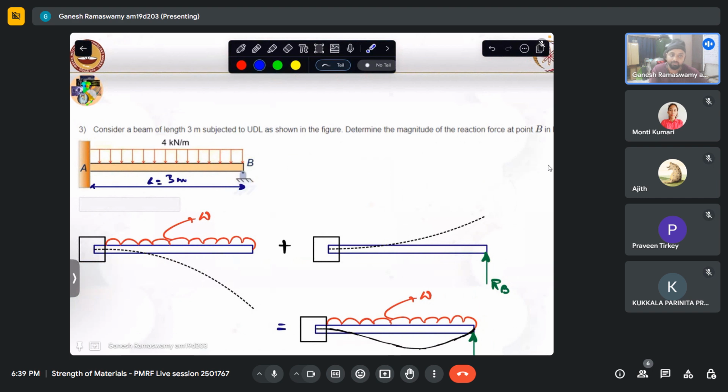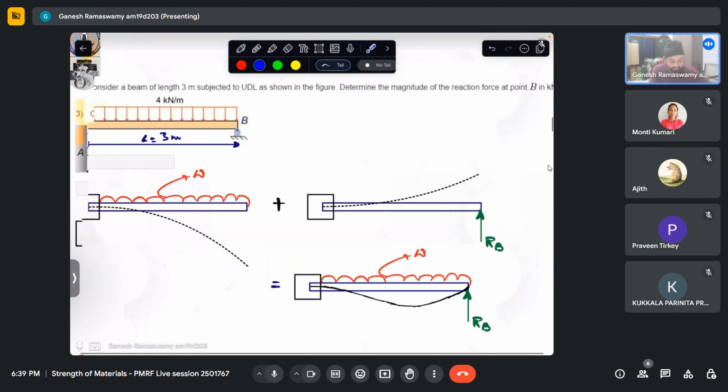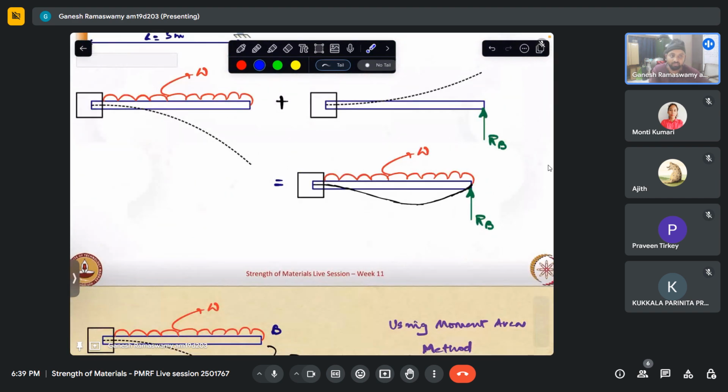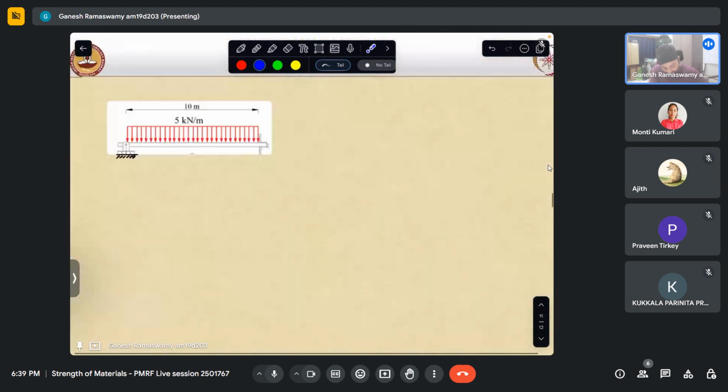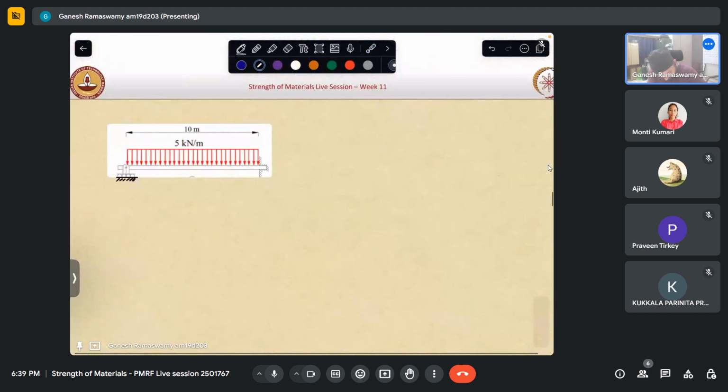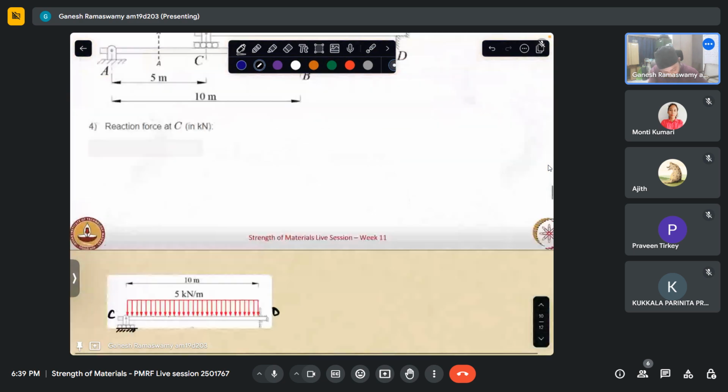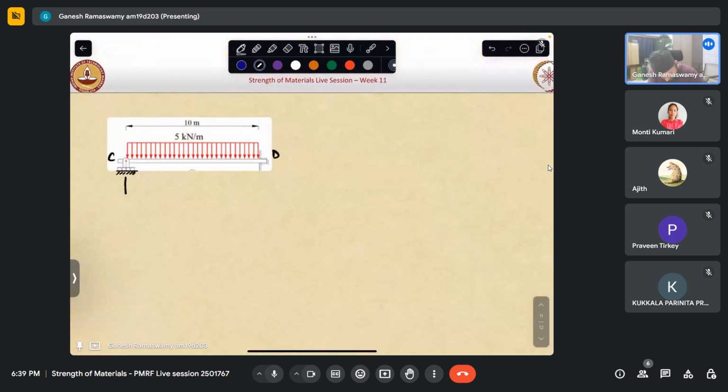So again our deflections would have been 0 at that point, and by simple superposition we would have been able to find out the reaction. So for this case, if this is C and this is D, I hope that is how it is labeled, yeah, this would actually offer a reaction RC, right? And if this was sitting on solid ground, we know how to calculate RC.